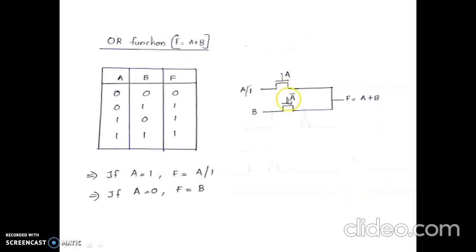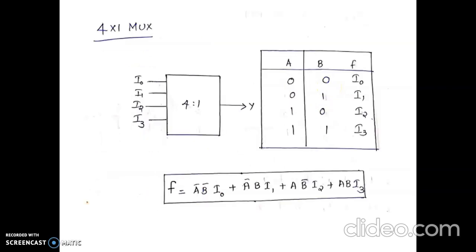Then, if A bar, that is A is equal to 0, then its output is F is equal to B. So write B here. So its final expression is F is equal to A plus B. Likewise, we can implement this OR function.